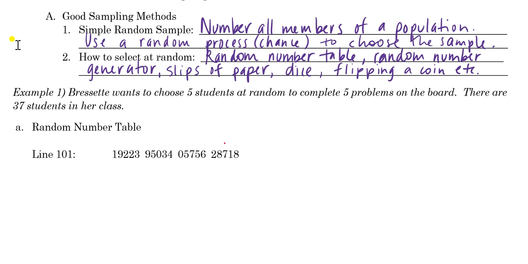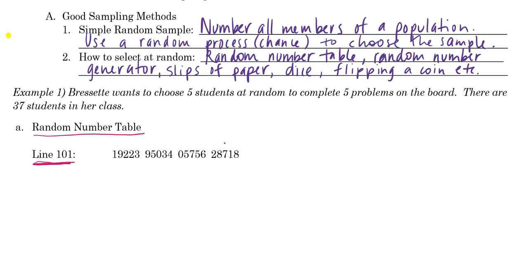So to ensure that you all get the same thing, they have you use a random number table. You all should have the random number table from a textbook that I use. It should say table D on top, and it is literally a table with a bunch of random digits on it. I'm taking digits from line 101 from that table, and I'm going to show you how these work.